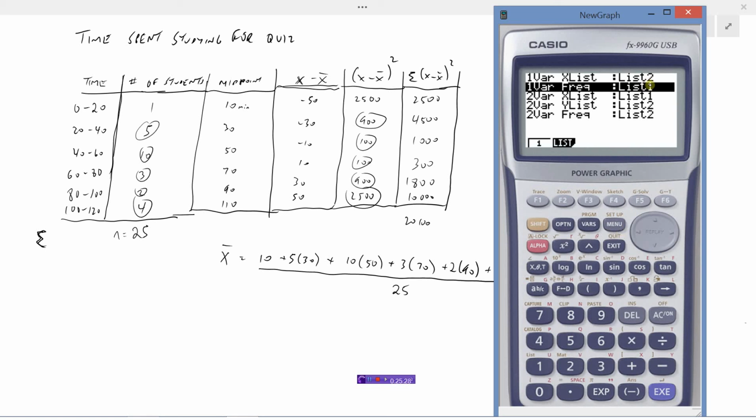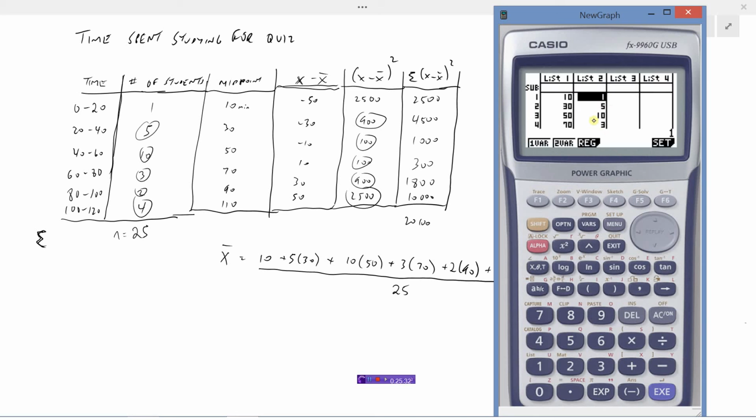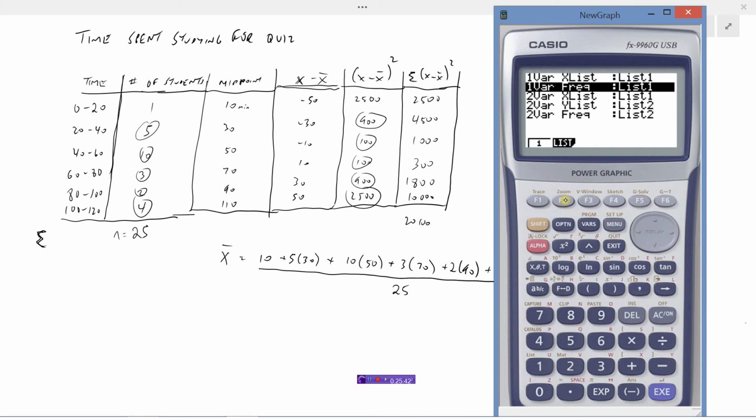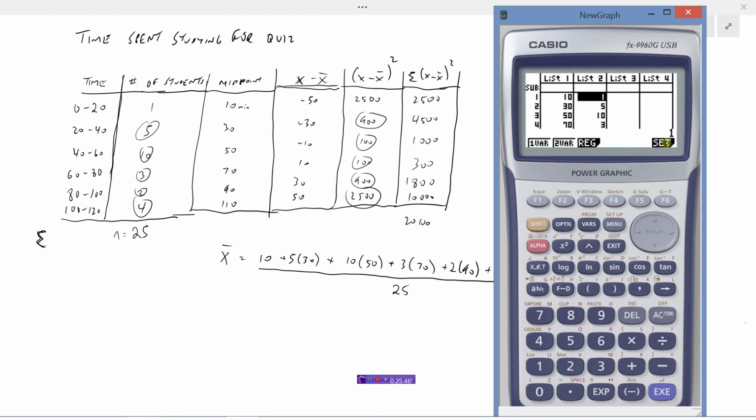Okay, so this would be if you had your data points in your second column and your frequency in your first column. So just make sure that that lines up. So mine is actually list 1 where I put my information in, and the frequency is in list 2. Okay, so just make sure that that's set right.